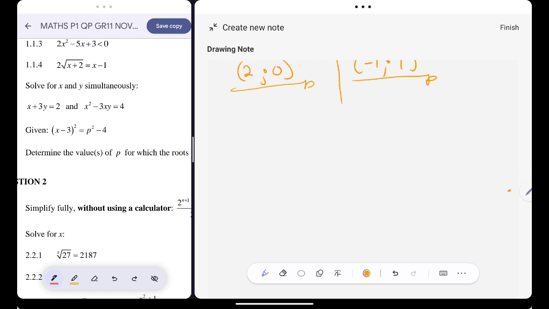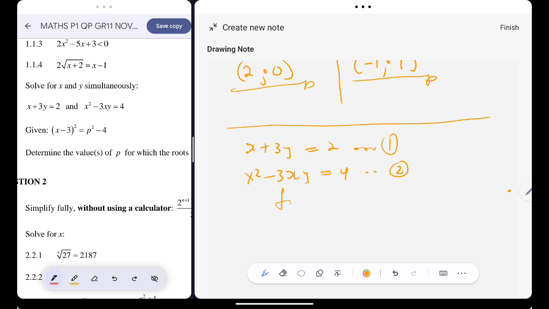There, guys, I wanted to make things simple. Okay, remember this is another way of solving this thing. Remember I had x plus 3y is equal to 2 as my first equation. Then I have x squared minus 3xy is equal to 4.